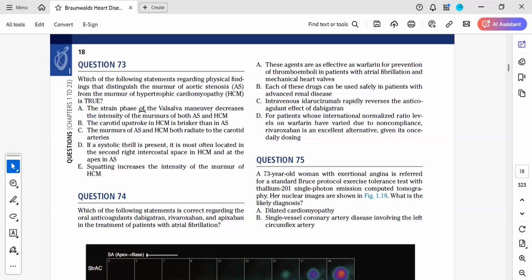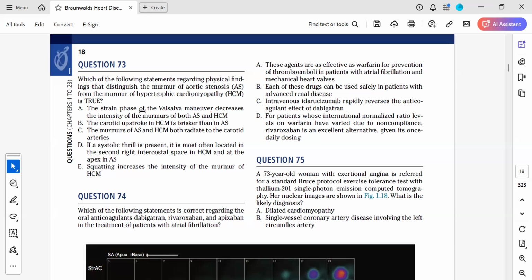For D, for patients whose international normalized ratio levels on warfarin are variable due to non-compliance, rivaroxaban is an excellent alternative given its once daily dose. This is also not correct, because the half-life of rivaroxaban is said to be around 9 hours, and the anticoagulant effect generally expires after a maximum of 24 hours.